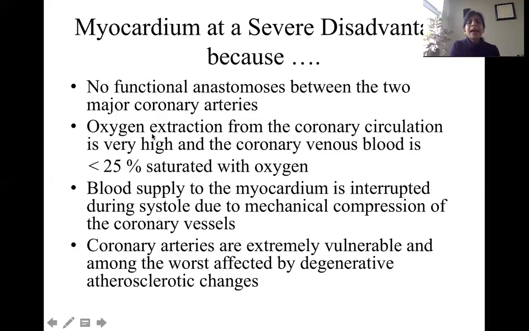And then oxygen extraction from the coronary circulation is much greater. Well, what is that? Let's talk about this a little bit. Typically, when the oxygenated blood leaves the lungs and leaves the heart, it's 100% saturated with oxygen.